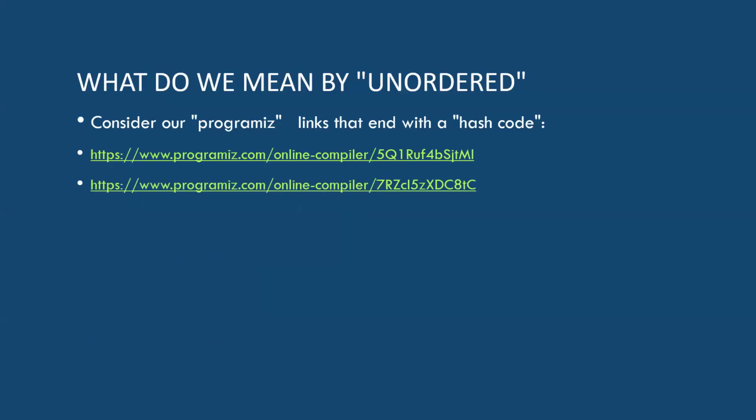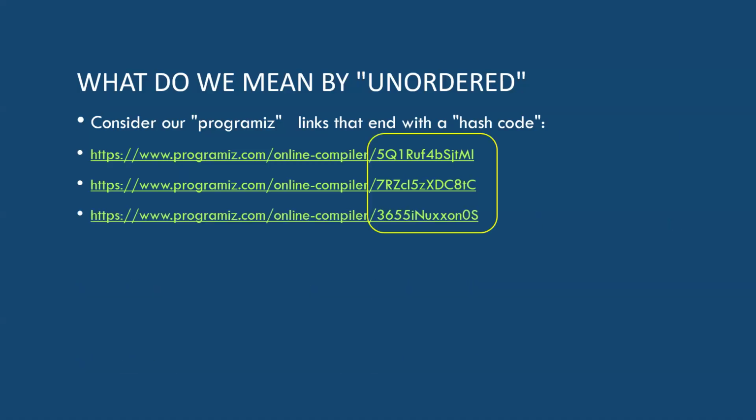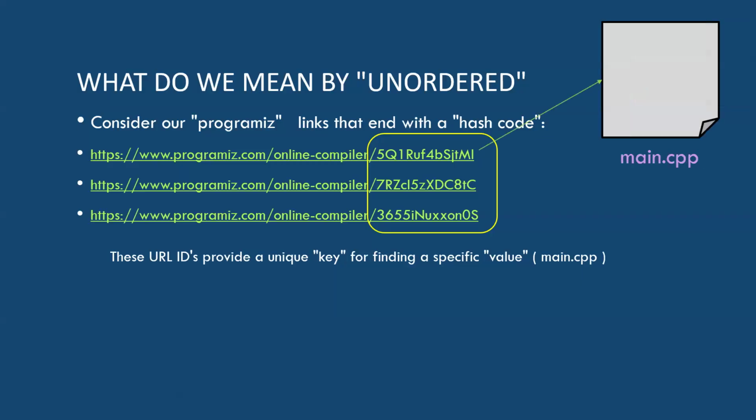Every time you share a link on the online compiler, you get one of these links, and it's all the same except for the last couple characters. So this is providing a unique key for finding a specific value, and in this case the value is your main.cpp file. So that's the value component of this.